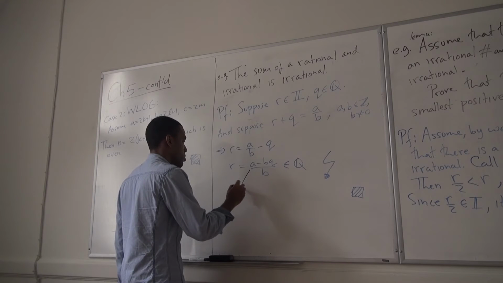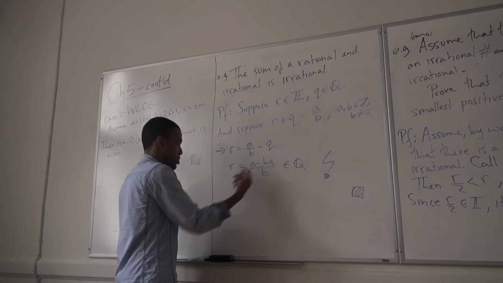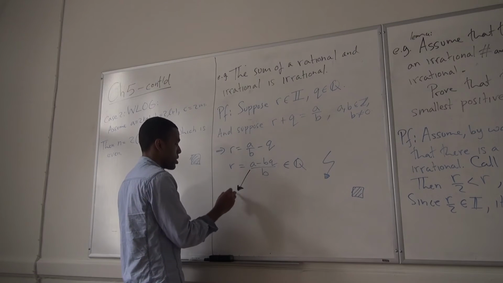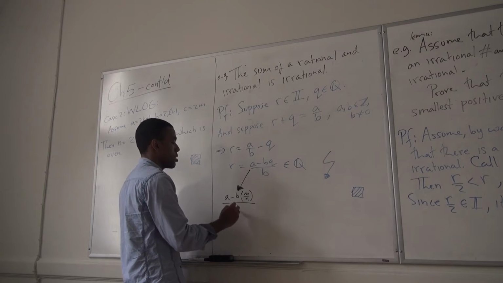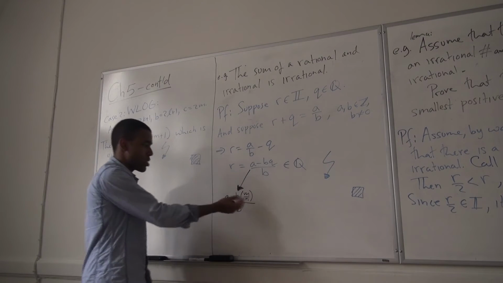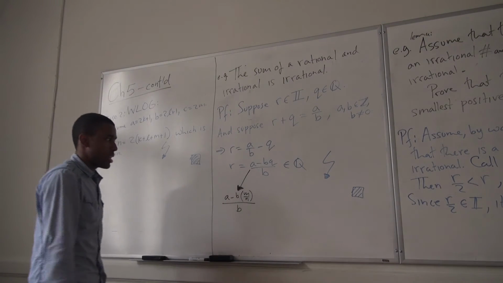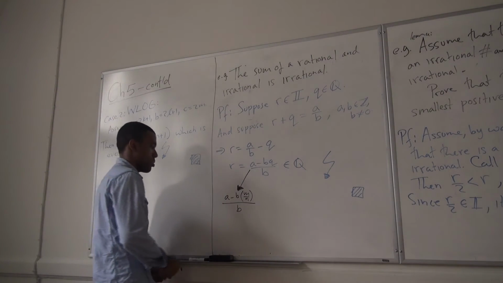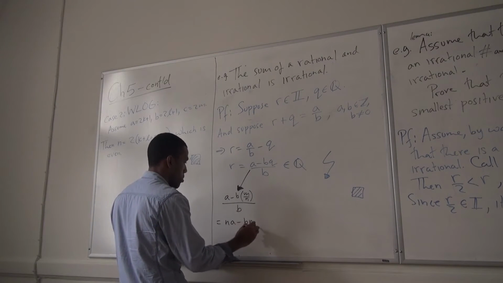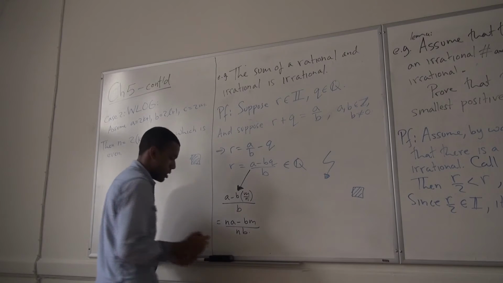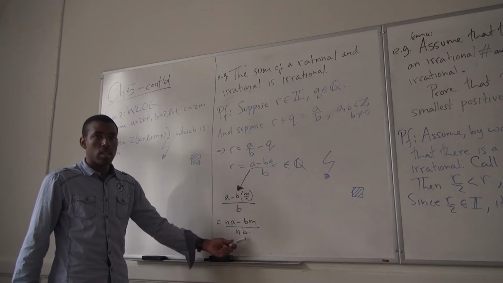For a problem like this, well, I wouldn't ask something this easy on a test, but I would expect you to recognize this. So technically you could do something like write Q as M over N, right? And then these guys are all integers now, and then you can just write that as a fraction. So that would be NA minus BM over NB. And then you'll make the note that N is non-zero, therefore NB is non-zero.